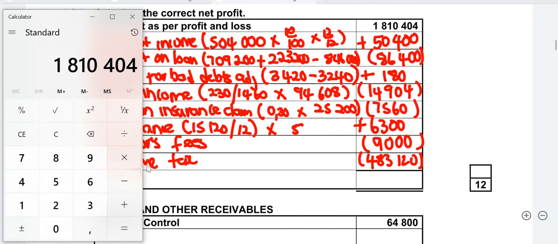1,810,404, and then we subtract 50,400, and then we also subtract, we're not supposed to subtract, my apologies for that.